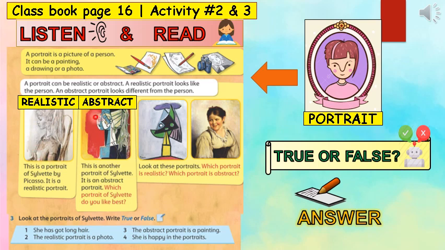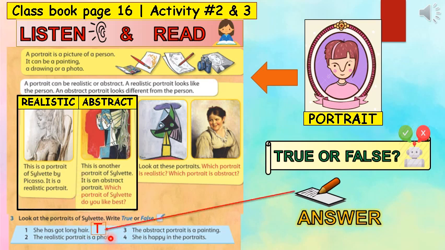In those two, yes. She has got long hair, yes or no? Yes, teacher. That is true. Okay. You are going to continue with the number 2, number 3, and number 4. Okay? Let's continue with activities.